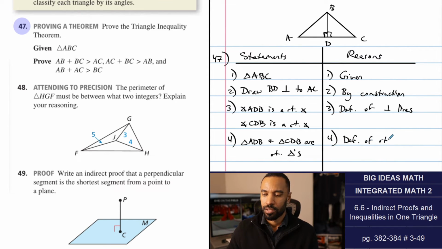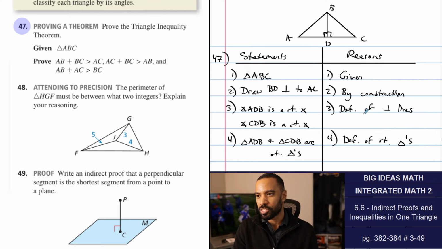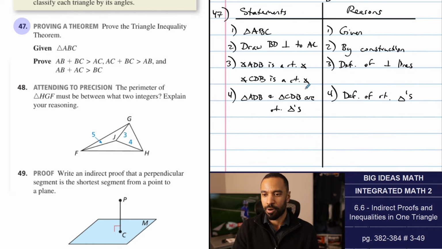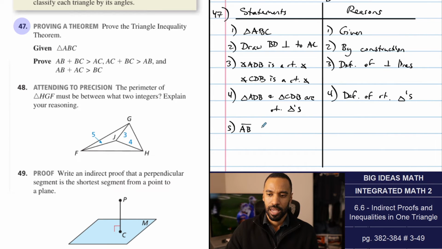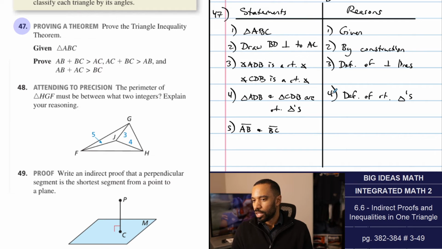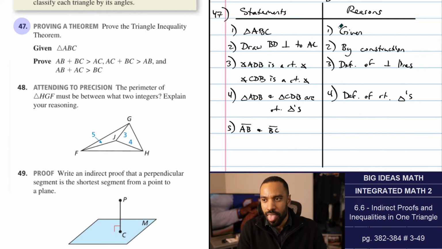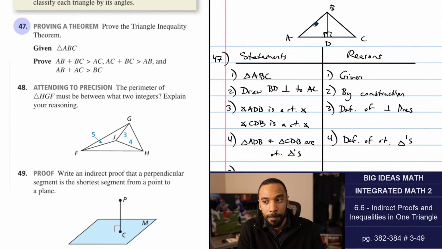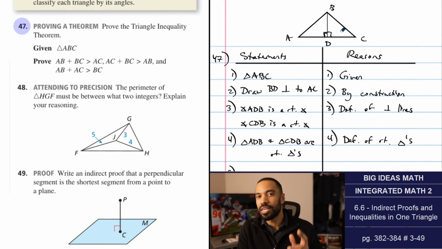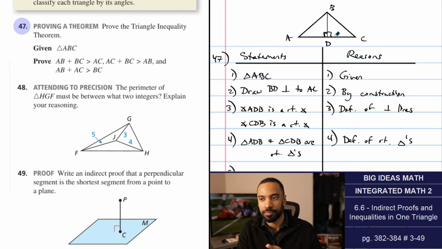Okay. Now, with that in mind, if they're right triangles, AB is a hypotenuse and BC is a hypotenuse. AB and BC. Let me time out. Here's what I was going to do. I was going to say by Pythagorean theorem, those things were greater. I think here's where we can use that other theorem.